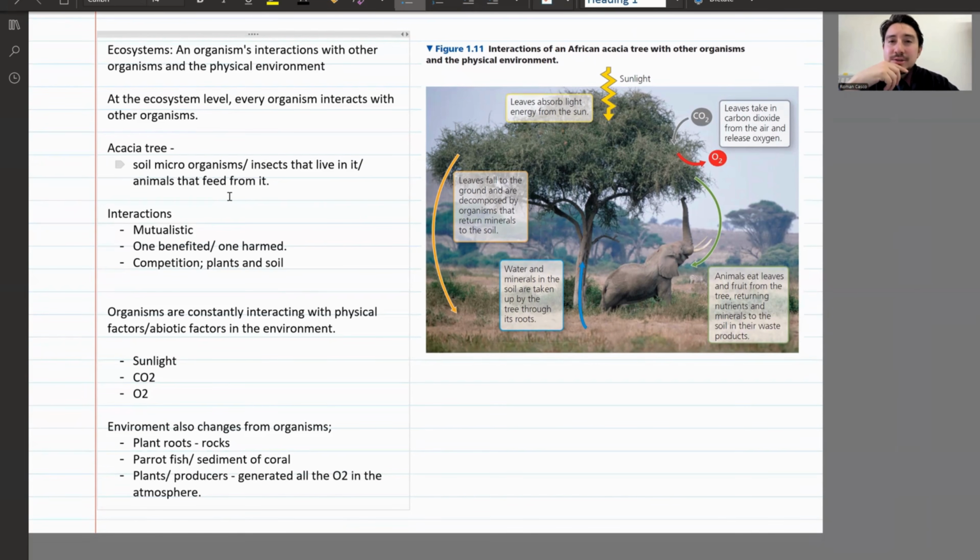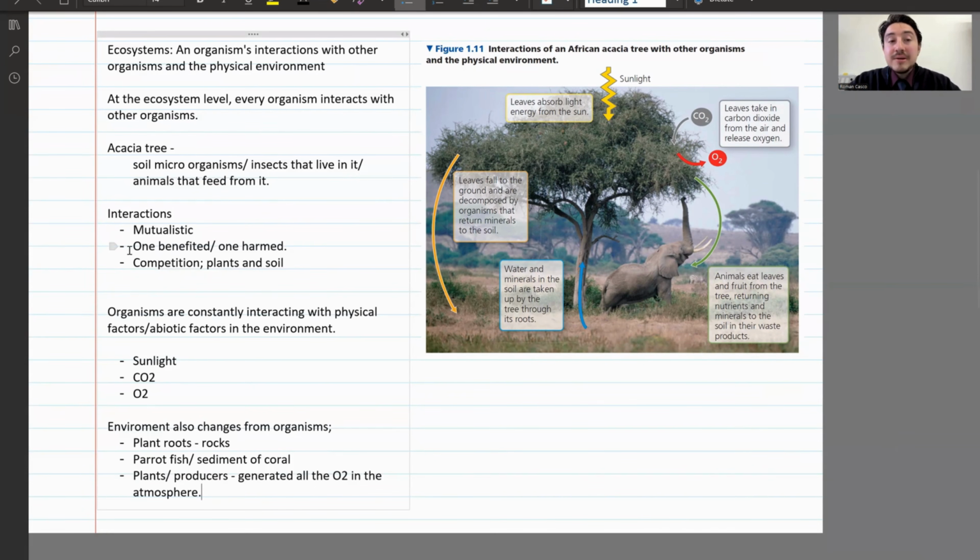So you have these nice interactions occurring within these organisms. There are many types of interactions. We won't go into a lot of detail with all of them, but just to name a few, there's mutualistic interactions where you can have both organisms benefiting from each other.